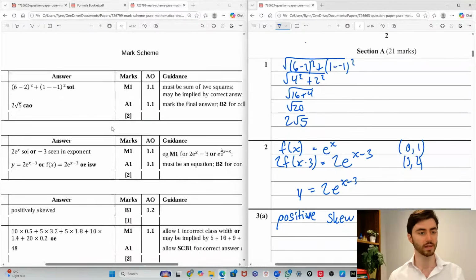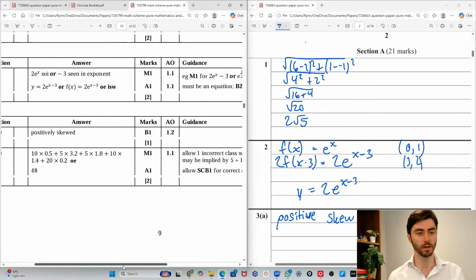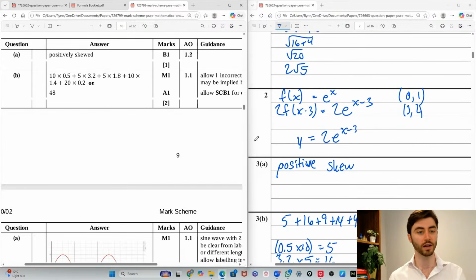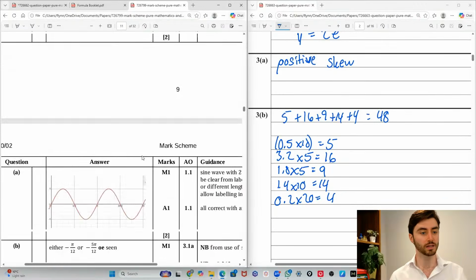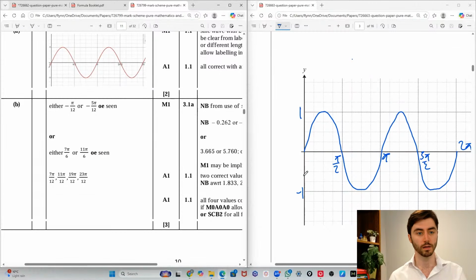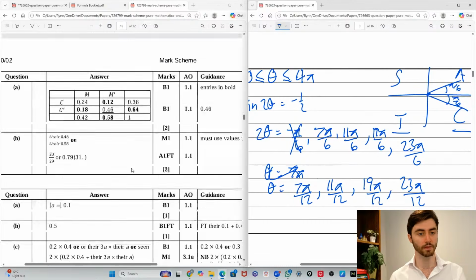Let's just quickly blitz this. 2 root 5. 2e to the 3. Yeah, that's correct. Positive skew. Got that right. 48 on B. Yep. That's all good. 7 pi over 12, 11 pi over 12, 19, 23. Yep, that's all good.